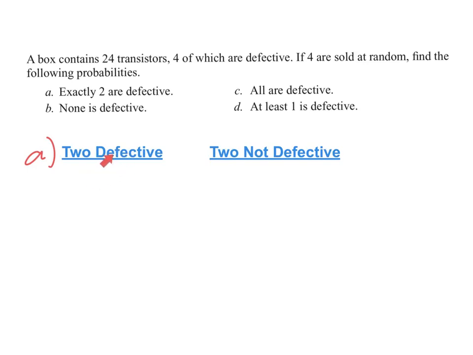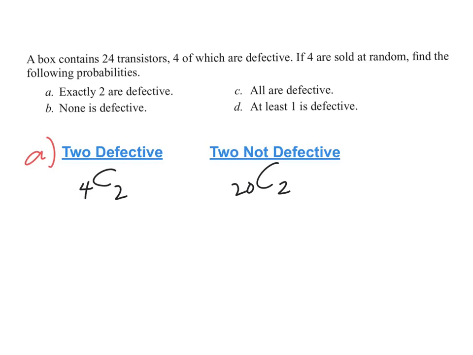So in this category, it's a combination of 4 things, choose 2, because we've already established we're choosing from the defective group. Now, for the 2 that are not defective, how many are we choosing from? 20, because of the 24, there's only 20 that are good. And I'm choosing 2. So that's going to be a combination of 20, choose 2.